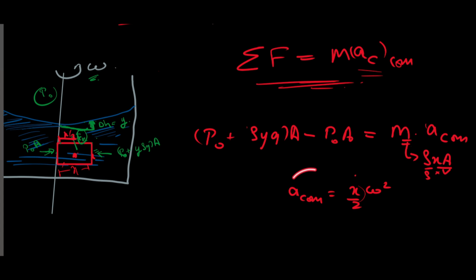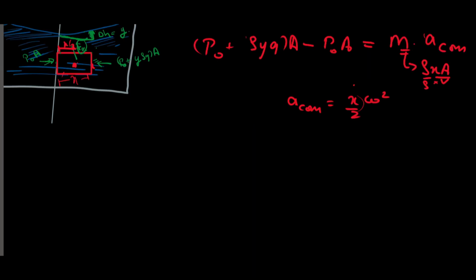Now we know that the centripetal acceleration for the center of mass is given by x by 2 omega squared, because we are given a linear mass density, so the center of mass has a distance of x by 2 from the starting point. Now it's time to solve this equation.